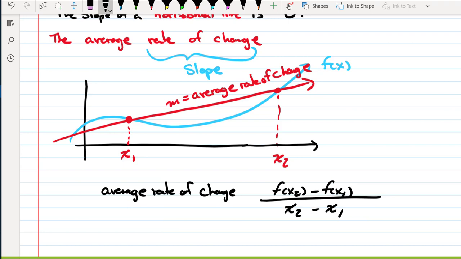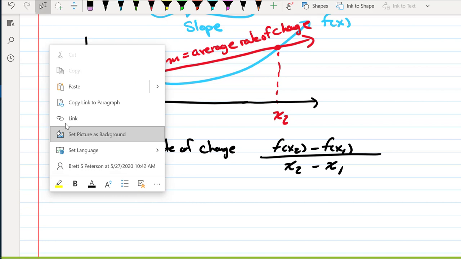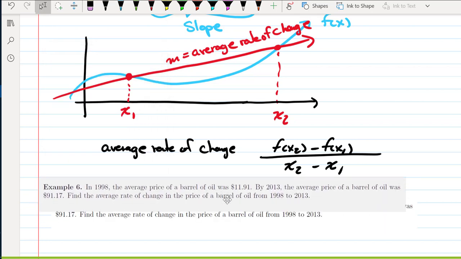But this is really just our slope formula that we had above. So when we say average rate of change, we are just finding the slope through 2 points. So it's really not a different formula, so don't let that bother you. And that's often one of the things that confuses people when they hear average rate of change compared to rate of change, but they're actually the same thing.